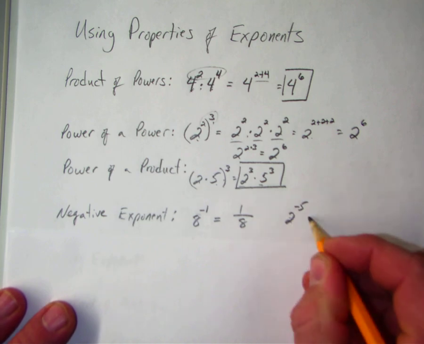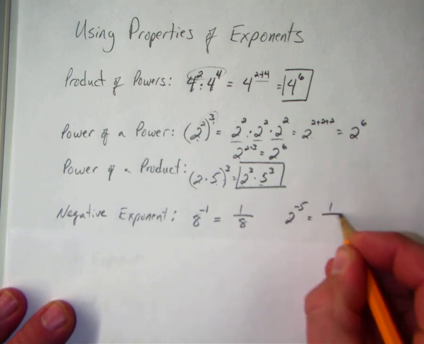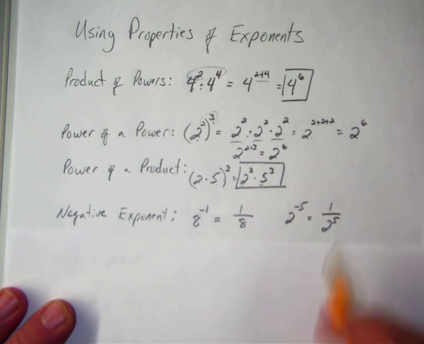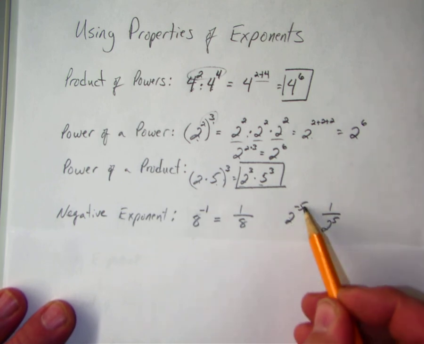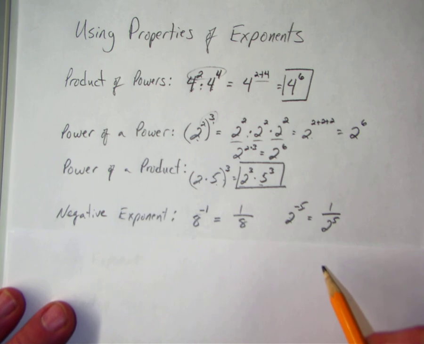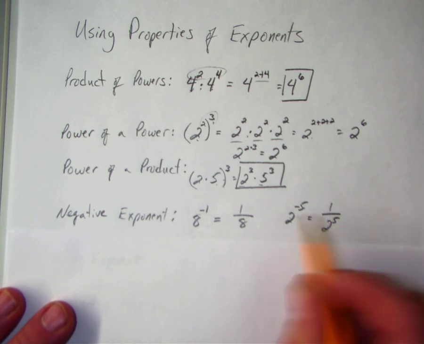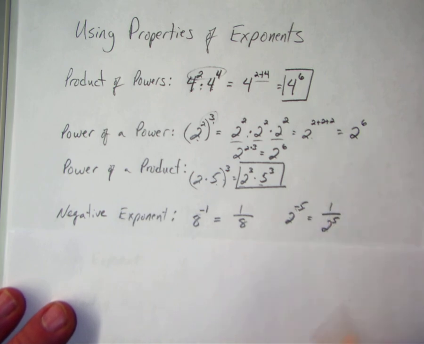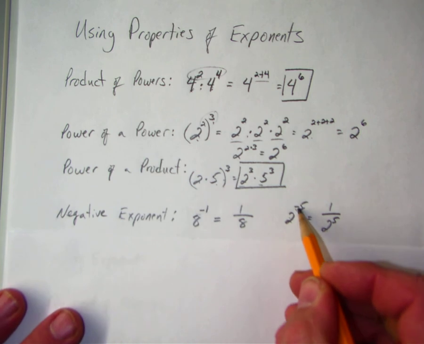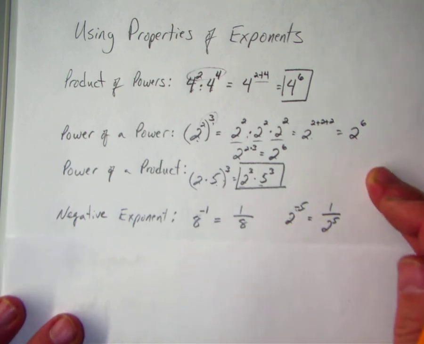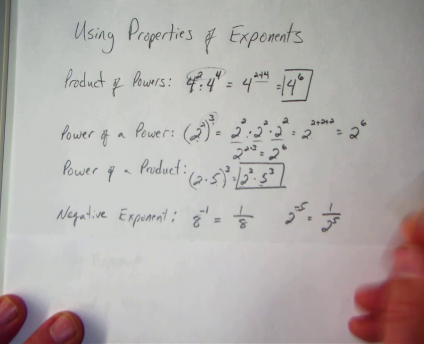All right. So 2 to the negative 5 is the same thing as 1 over 2 to the 5th. In other words, the base and the exponent move. It's just that once you move it, it becomes a positive exponent. All right? So the negative exponent tells me to move my base and the exponent. Let's look at another way.